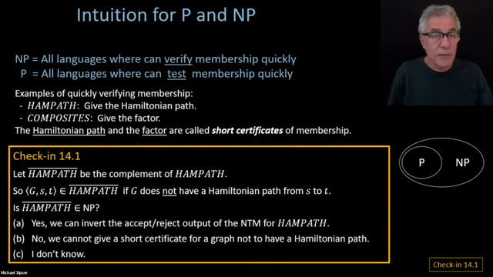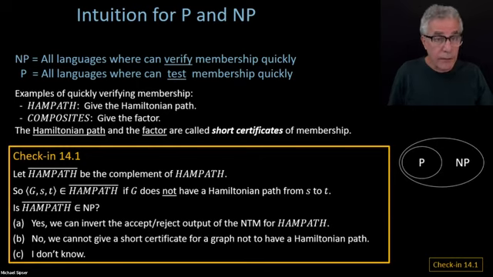Just ponder that. I think those of you who answered yes, however, need to go back, and I put this here explicitly because I can see this is a confusion for quite a few of you. When we have non-deterministic computation, you have a non-deterministic machine, you can't simply invert the answer and get back a non-deterministic machine.